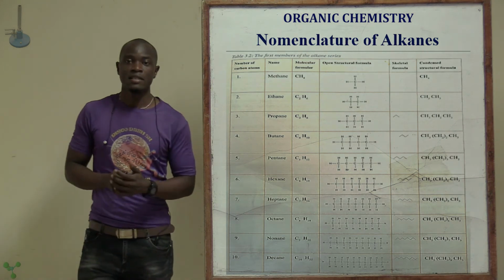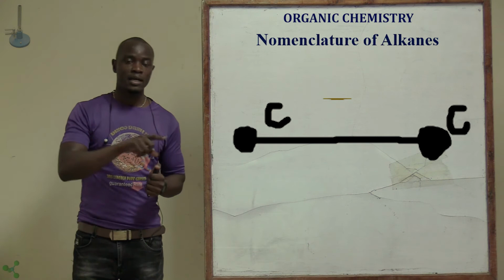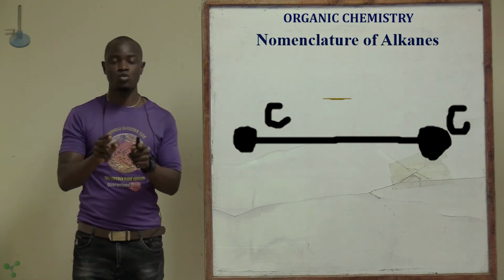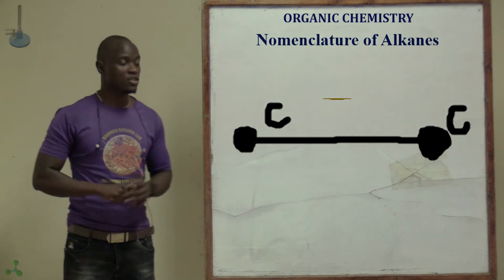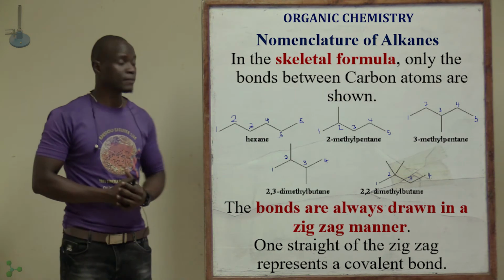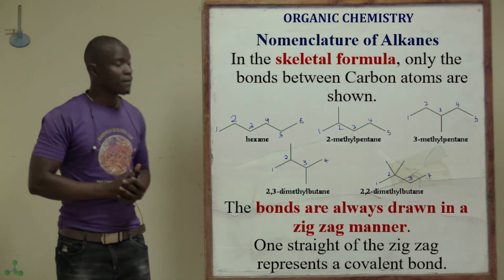As well, you can see the skeletal structure of these elements. So each corner, every line represents 2 carbon atoms for the skeletal formula, as you can see.